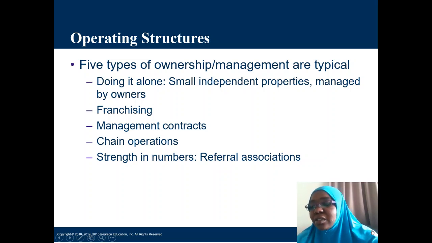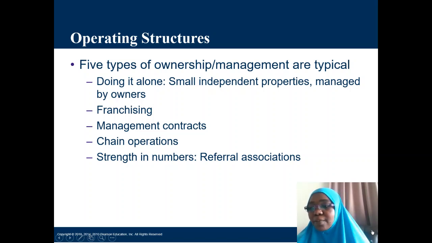They will have access to the central reservation system, so that it will be the same across all the franchisees internationally. They also have access to training programs. Their staff will be trained on the standard operating procedures and so on. They also have access to documented operating procedures. So all these and many more are embedded in the franchise.